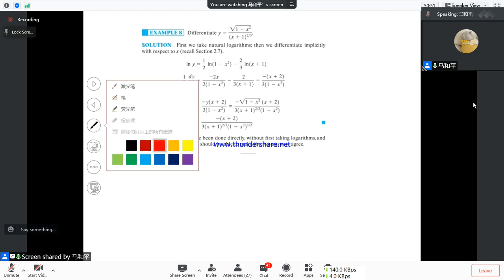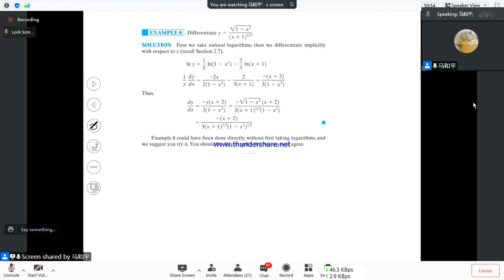This means first write y is equal to the square root of 1 minus x squared over x plus 1, to the power 2 over 3, right? And we first take natural logarithms. This means on both sides we take ln y is equal to ln of the square root over x plus 1, 2 over 3.